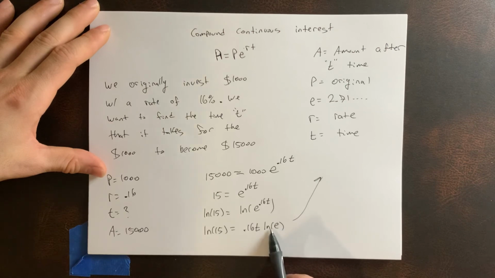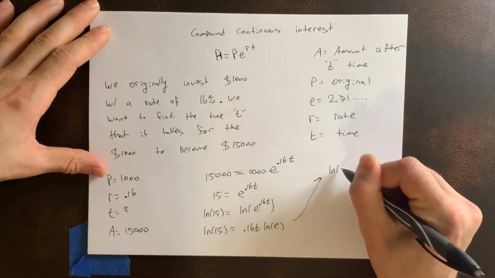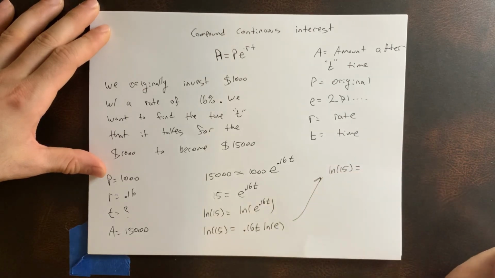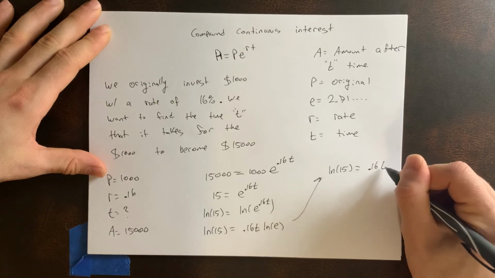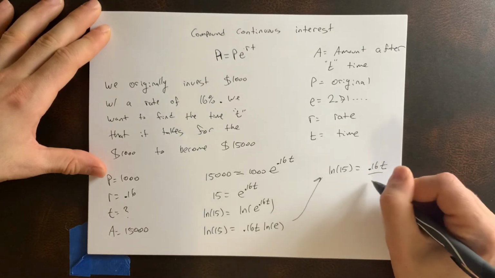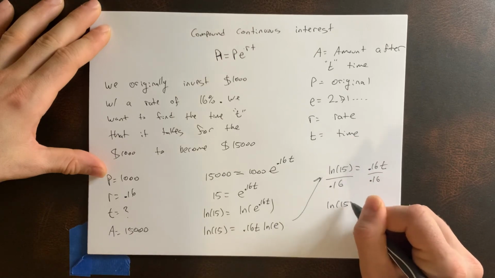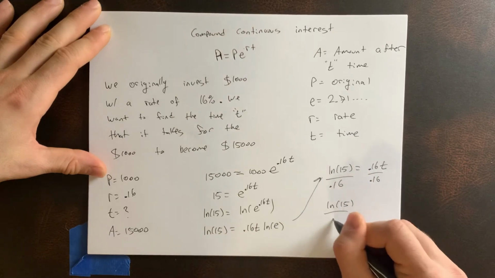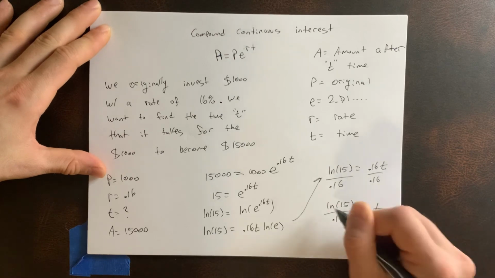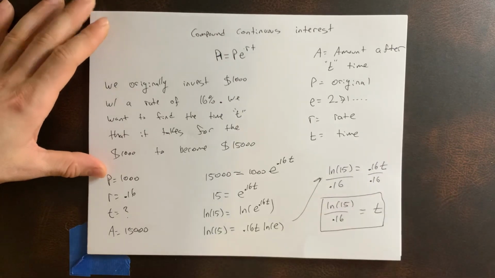Remember, the base of natural log is e, and the inside is e, so that means this is going to be 1. So we have natural log of 15 is equal to 0.16t. The last step to solve for t is to divide by 0.16 on both sides. So we have natural log of 15 over 0.16 is equal to t. This will be the time it takes for our money to turn into $15,000.